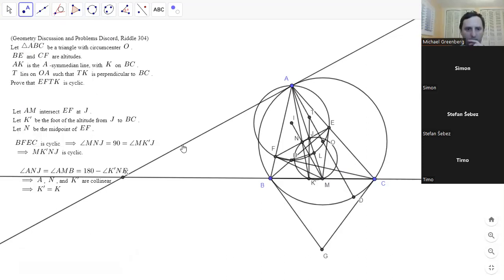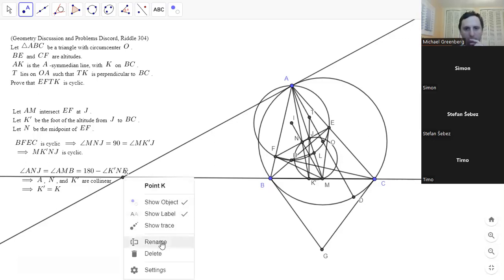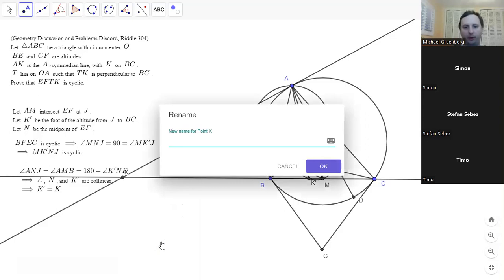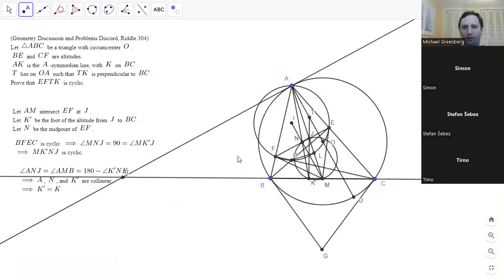And now by properties of the Humpty point, KA is equal to KL. I'm going to rename this R. So RA is equal to RL.